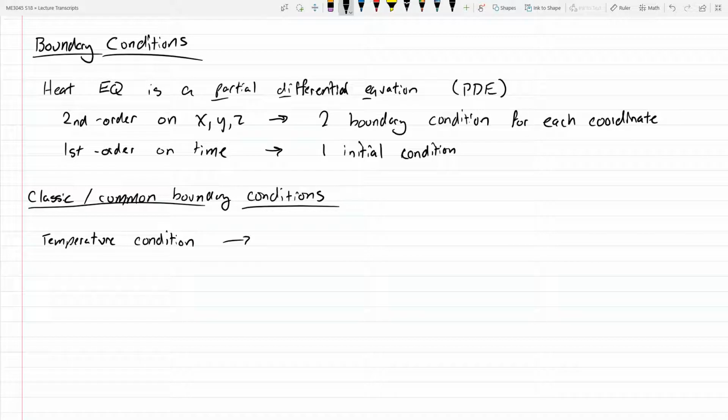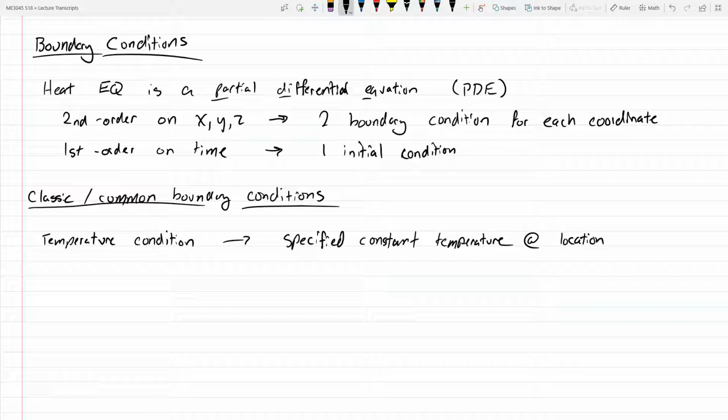What this is essentially, is if you have a specified constant temperature at some location on the boundary.